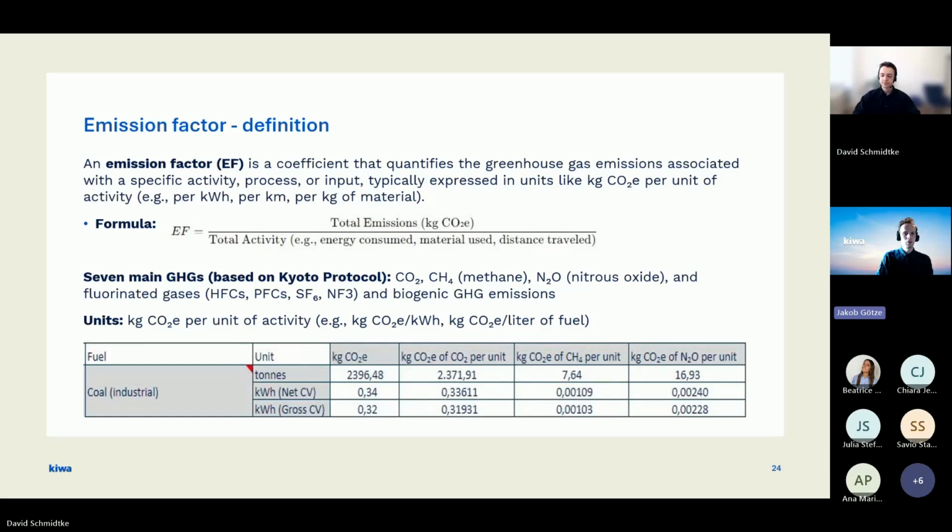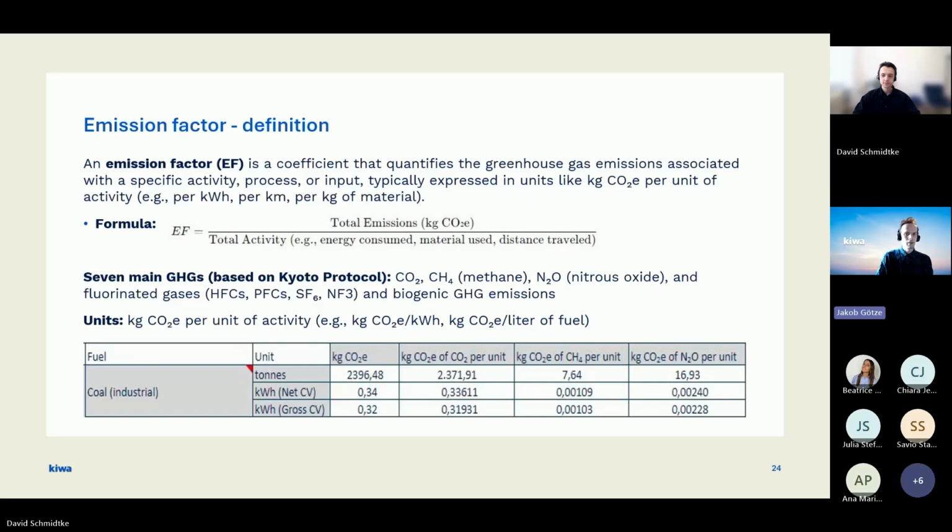We also have the Environmental Agency of Germany providing such a database, and we often need the EcoInvent database or life cycle assessments or environmental product declarations of our suppliers to assess our Scope 3 emissions.